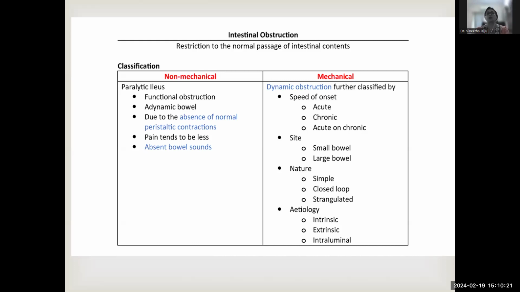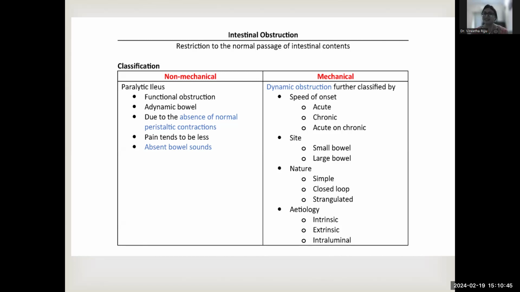Okay. So non-mechanical, it can be because of a paralytic ileus, all right, or adynamic bowel, like we call it. There is no dynamic in it. It's just stationary there. It's because of the absence of the normal peristaltic contractions. So what happens in such a case?